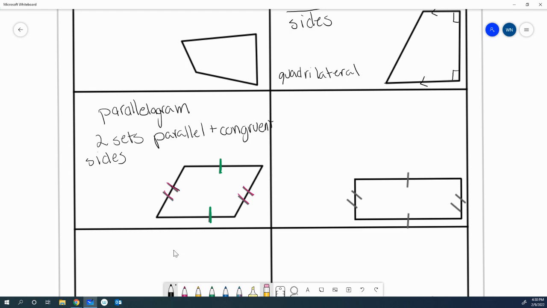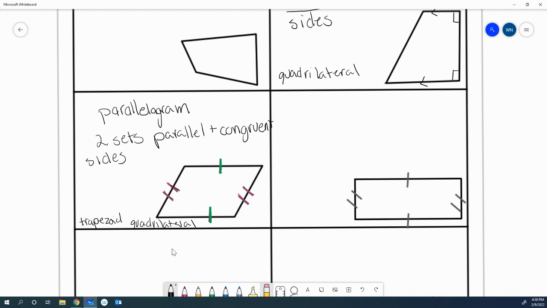Now, since it's a parallelogram, it's also a trapezoid, and it's a quadrilateral. It's a trapezoid because it has at least 1 set of parallel sides, and it's a quadrilateral because it has 4 sides.